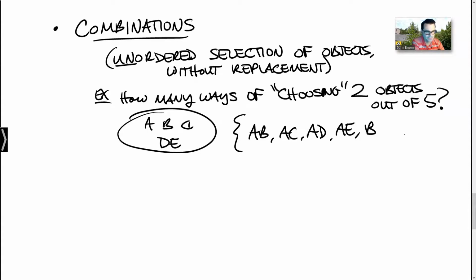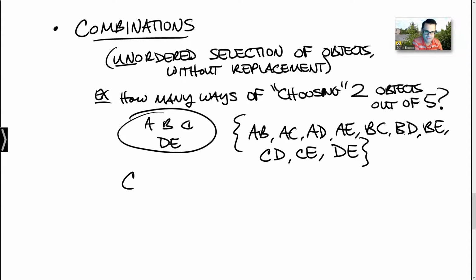So now we can go BC, BD, BE, but then we could include C, but we've already got C and A, C and B. So the only other real thing is C and D, and then C and E. And you should be able to see there's only one more left, DE. Now, how many is this? 1, 2, 3, 4, 5, 6, 7, 8, 9, 10.